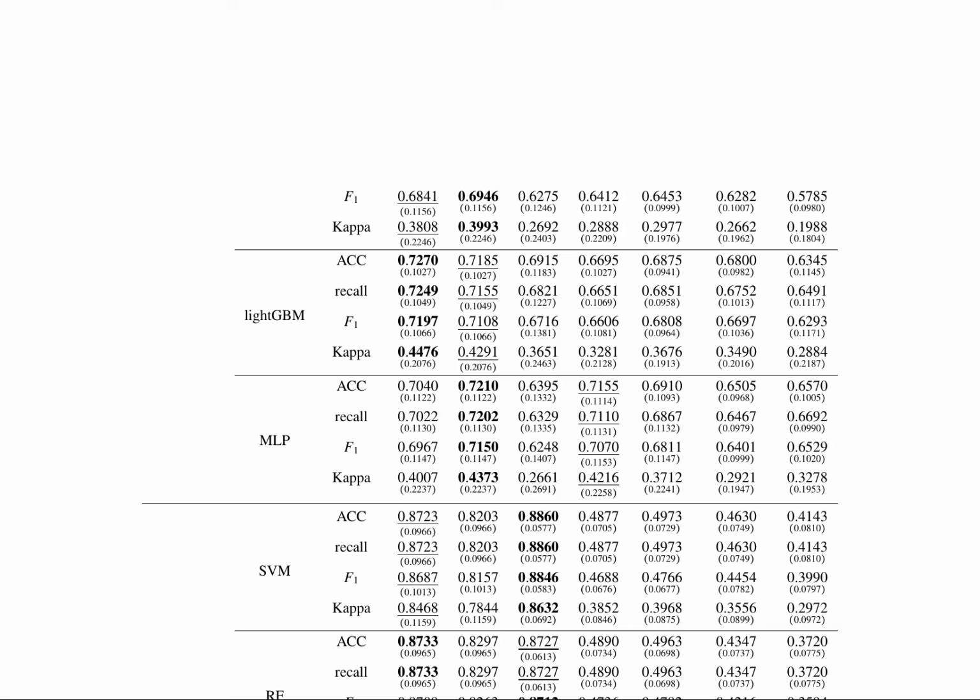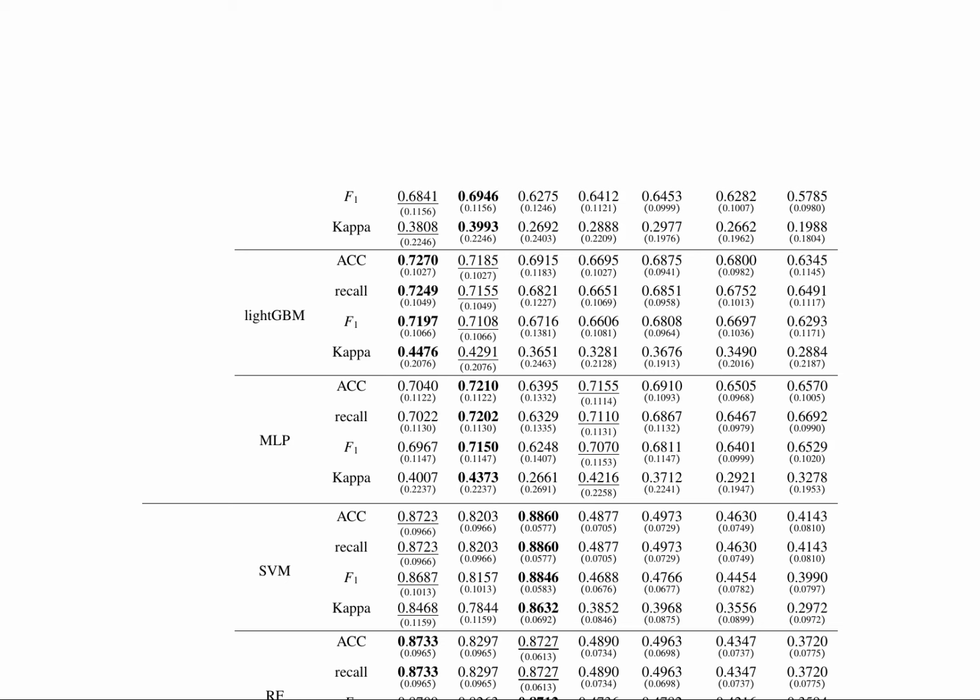The comparative analysis of machine learning models, including light GBM, MLP, SVM, and random forest (RF), demonstrates varying levels of accuracy, recall, F1 score, and kappa values across different datasets. Light GBM shows a high accuracy of 0.6841 with a standard deviation of 0.1156, indicating consistent performance.